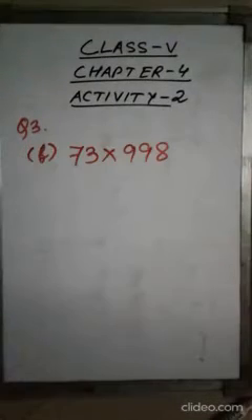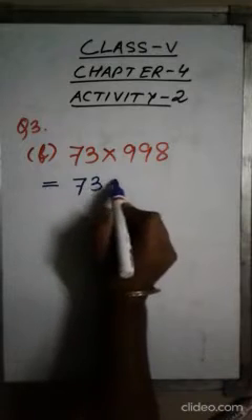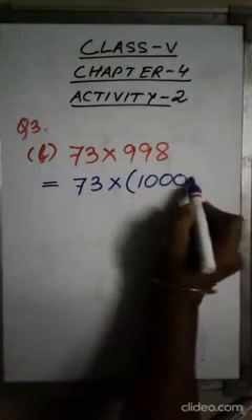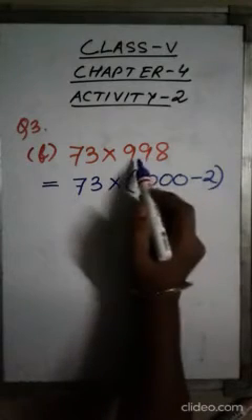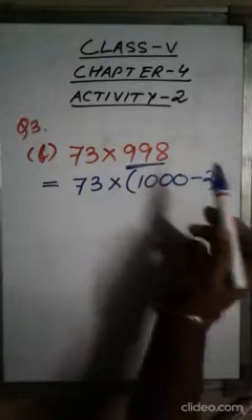We shall do question number F. 73 into 998. 998, I can write it like 73 into 1000 minus 2. If you subtract 2 from 1000, you get 998.